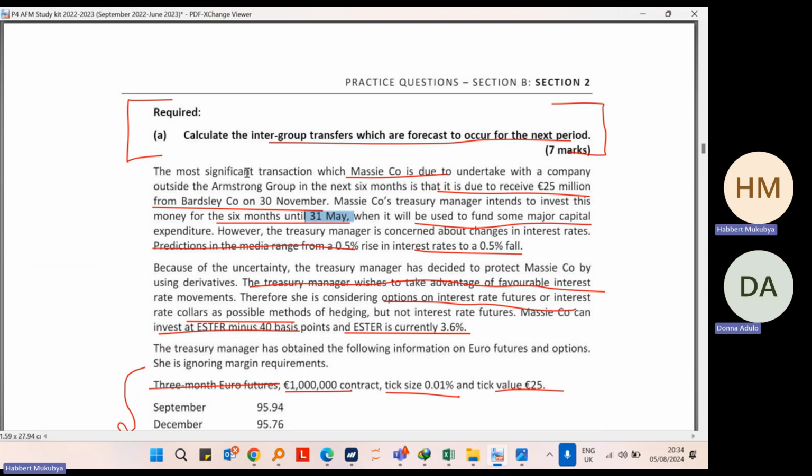Yes. When we receive the money in November, we are going to have to invest it for 6 months, but we don't know what will happen to the interest rates. So that's why we are hedging. Okay.